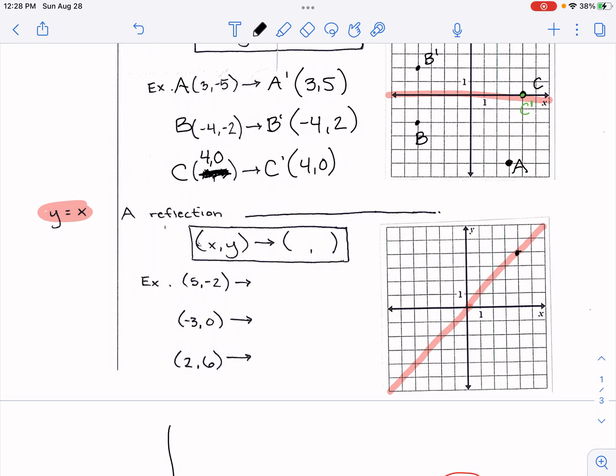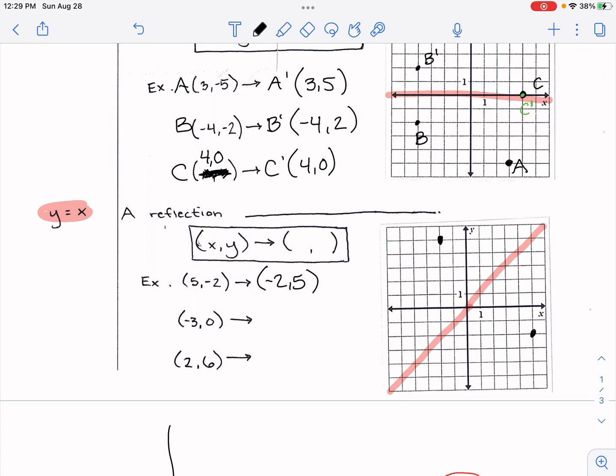We're not going to leave these points though. So I'm going to help us with this because this one's generally the hardest one. 5, -2. So this will be 5 to the right and 2 down, right here. Now the reflected point will be right over here. And that is -2, 5.